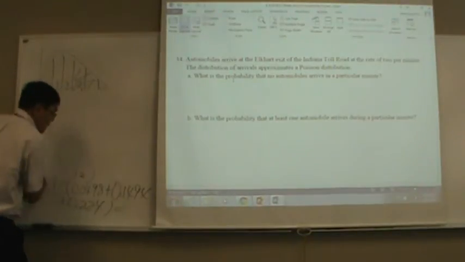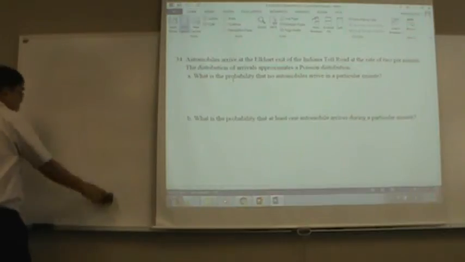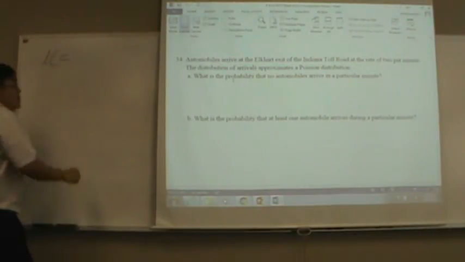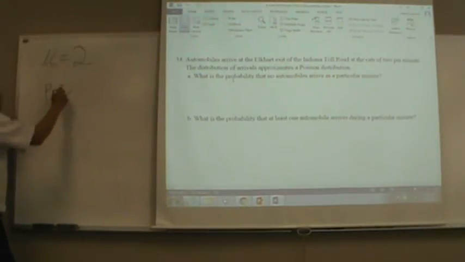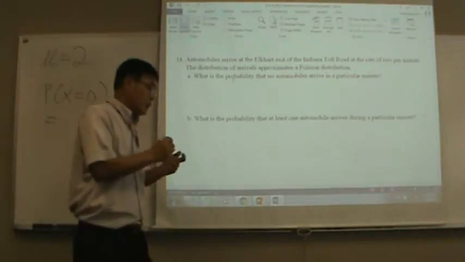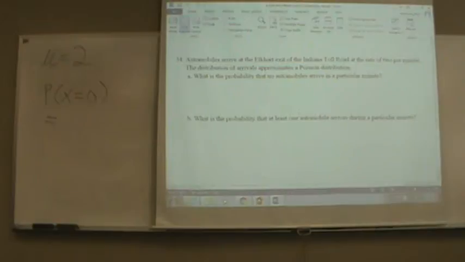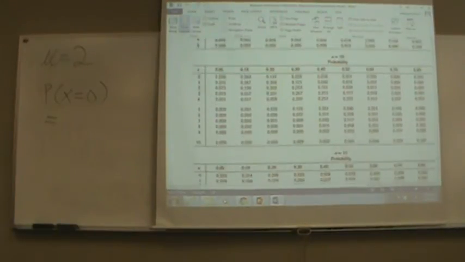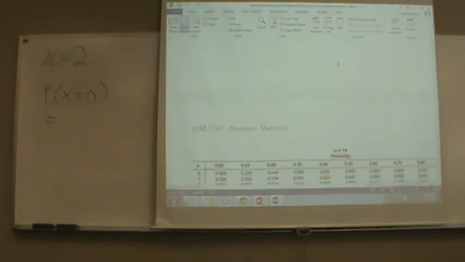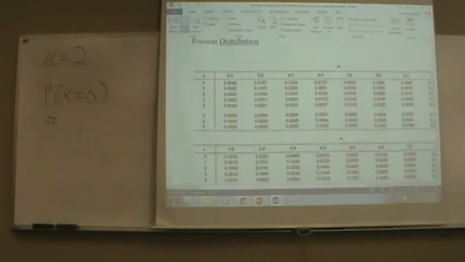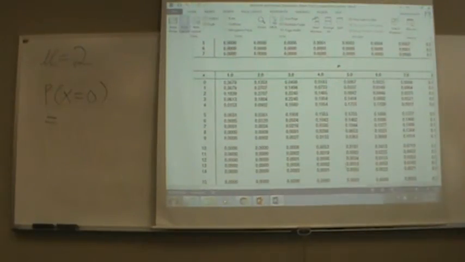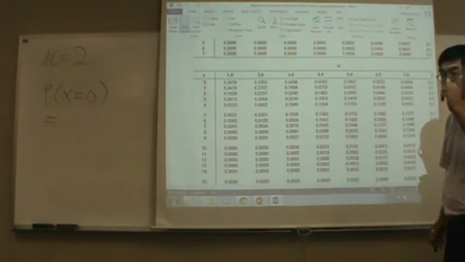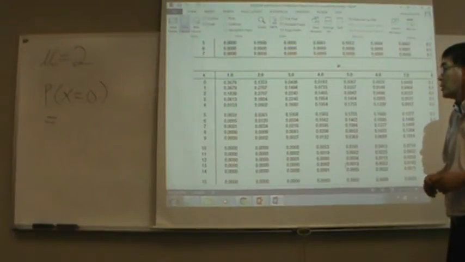For the Poisson distribution, you need the average, mean, mu equals 2, it says. And then probability x equals 0. From the Poisson distribution table, this table along with the binomial distribution table is on Blackboard under course documents.